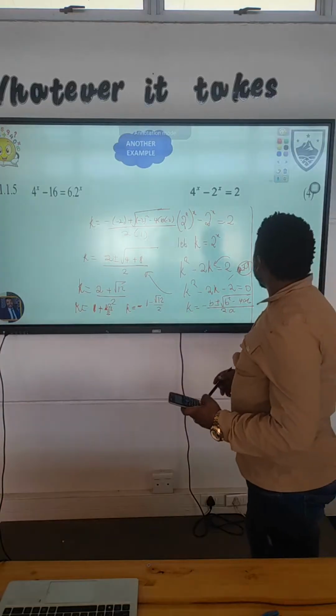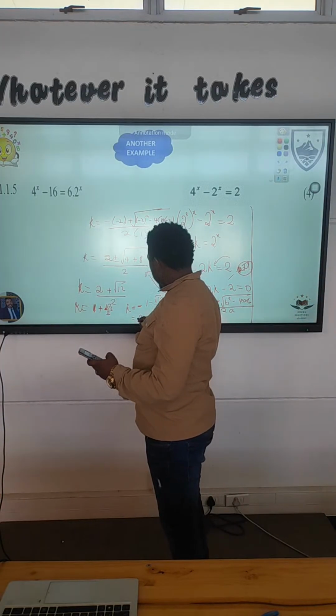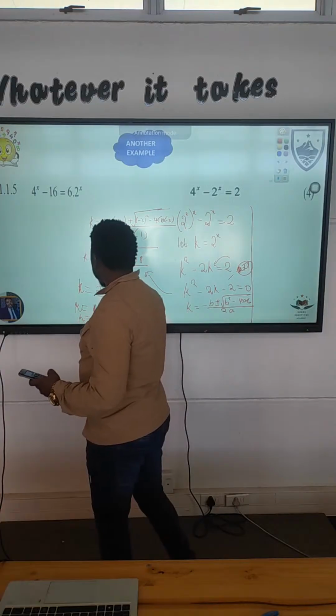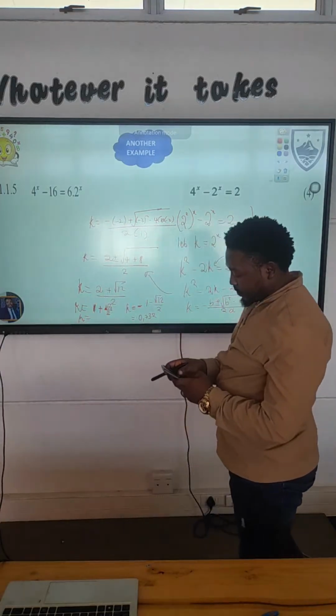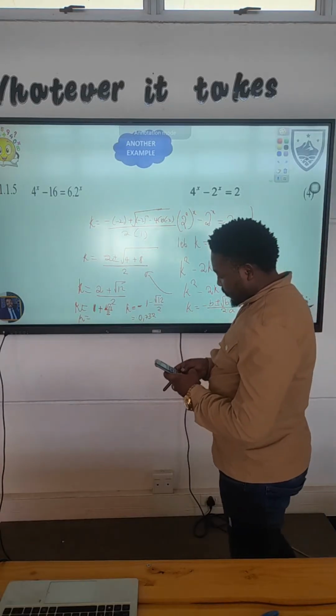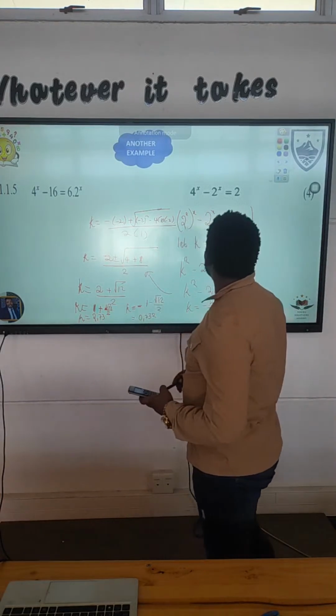I'm getting a decimal on this side, which is negative 0.732, and k this side will be 2.73.